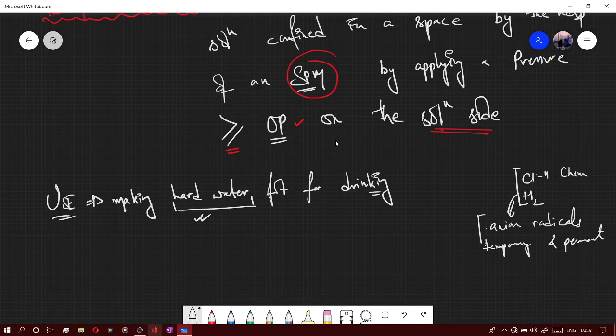So the tip is that suppose you are revising this and you come across hard water, then you might as well go and see in the class 11 book these parts: the anion radicals that were used to make water temporarily and permanently hard, and the methods one can use to get rid of temporary and permanent hardness.